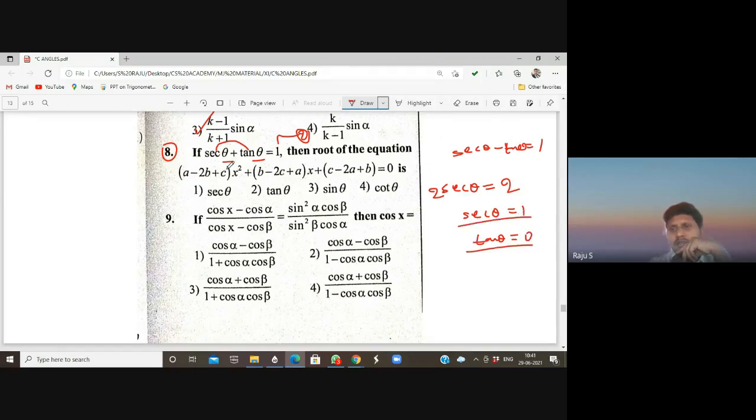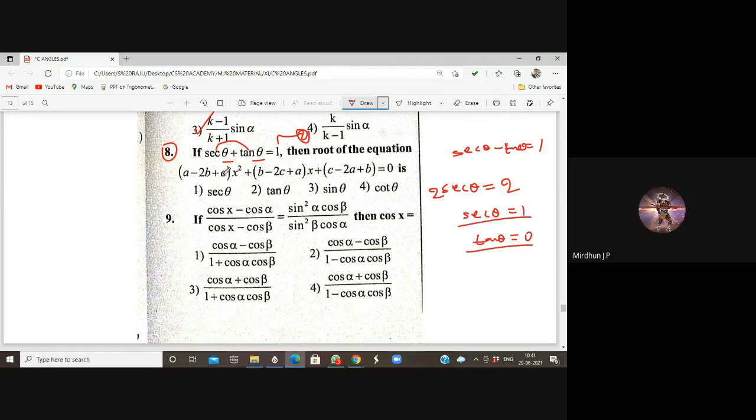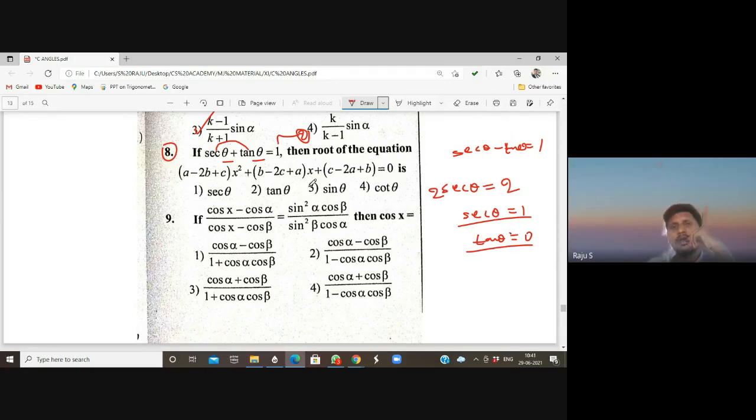If we substitute, secant 0 is 1. We can easily verify, and here also we can give some values of A, B, C. The thing is, we need to find the x values first. What are the x values we are going to get?